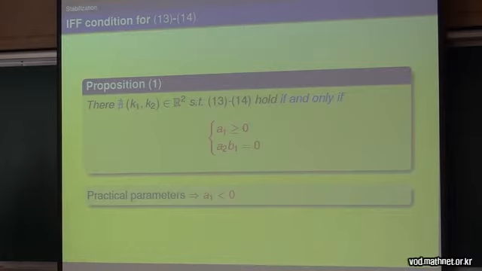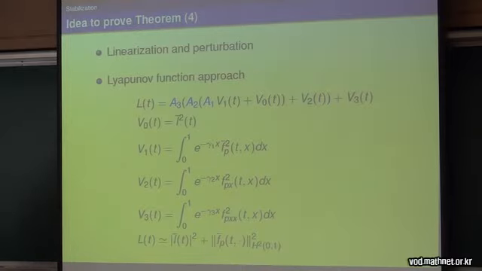And fortunately, the practical parameters imply that A1 is negative, so we can manage to stabilize the model. The idea for the proof I just showed is to construct a strict Lyapunov function.